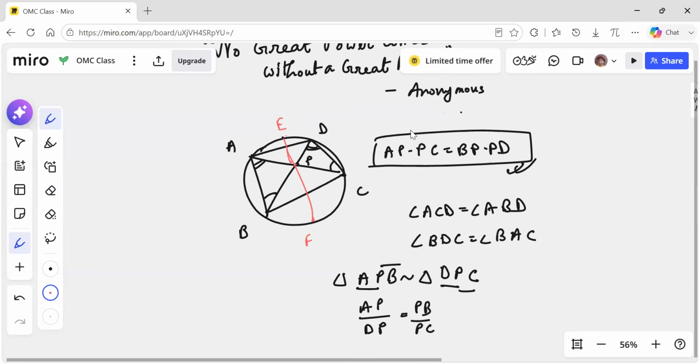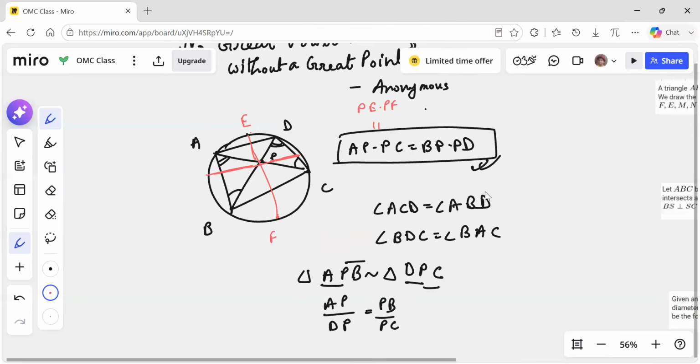So this is equal to PE times PF. It is intrinsically a property of P because it's invariant of whatever chord we choose. So we can also take this chord and get this times this is equal to AP times PC.